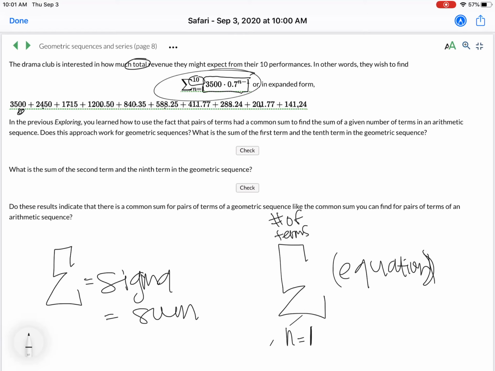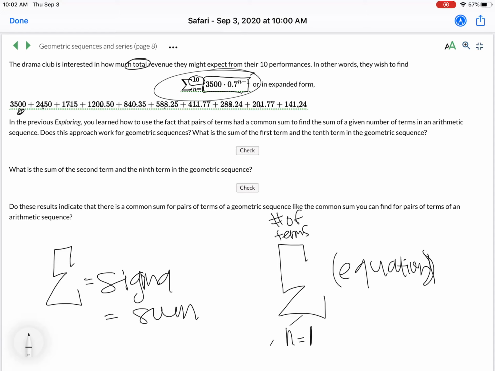Okay, so remember yesterday, if we added the first term and the last term, we got a number. If we added the second term and the next to last term, that equaled the sum of the first number and the last number. Remember, everything was the same. Then at the end, we counted our pairs and we multiplied that sum by the number of pairs.